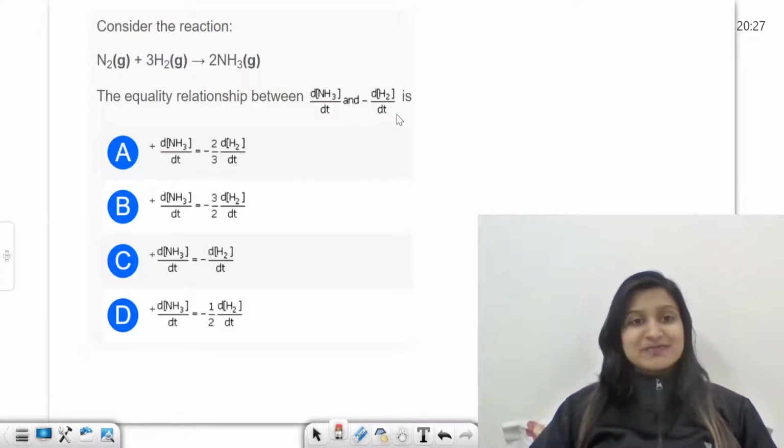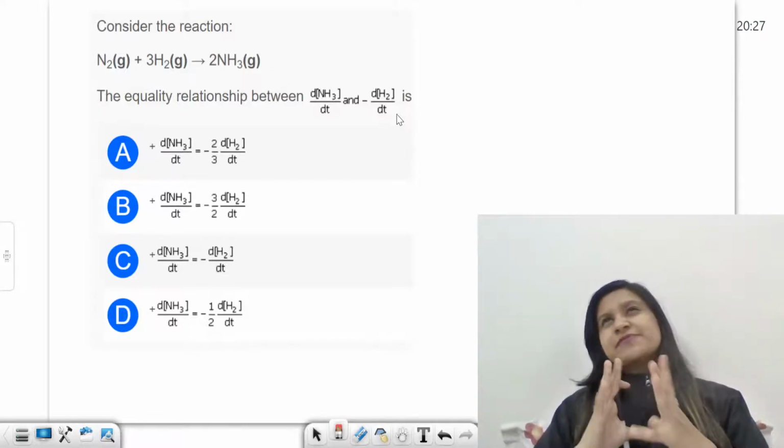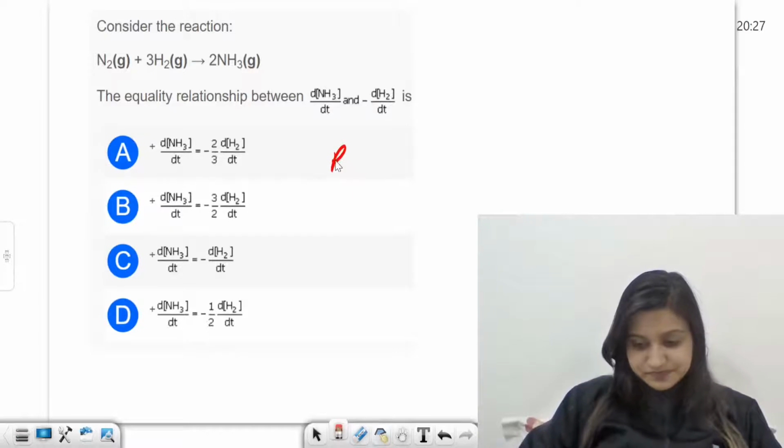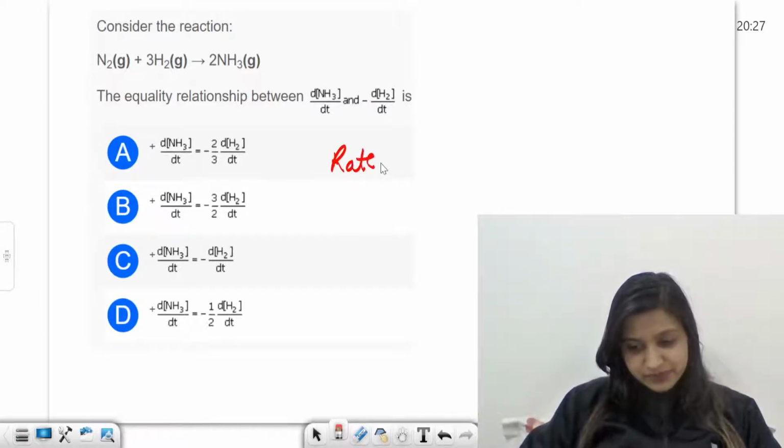So in the first place, let's write the rate of reaction expression. What would be the rate of reaction?